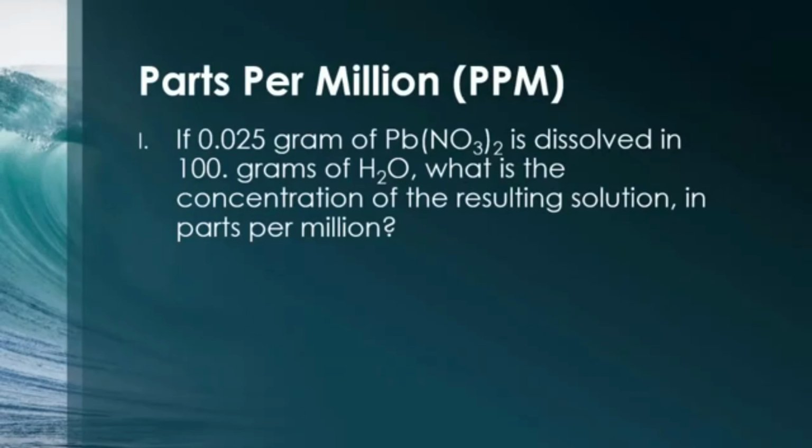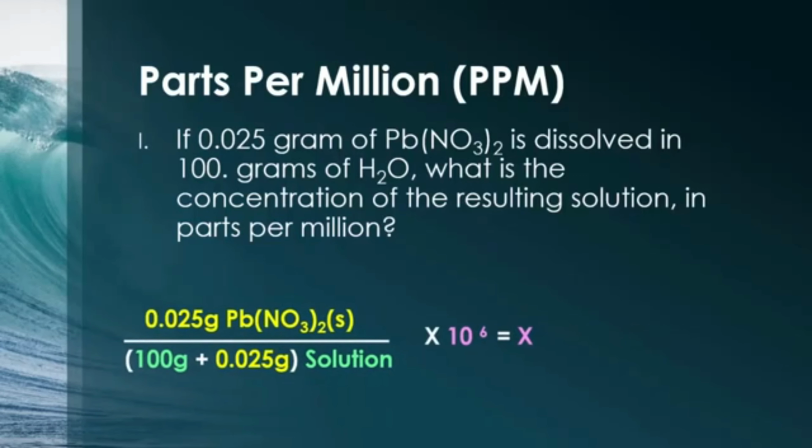Let's try this question together. If 0.025 grams of lead nitrate is dissolved in 100 grams of water, what is the concentration of the resulting solution in parts per million? So we can see that the grams of solute is 0.025 and the grams of solution is 0.025 plus 100.